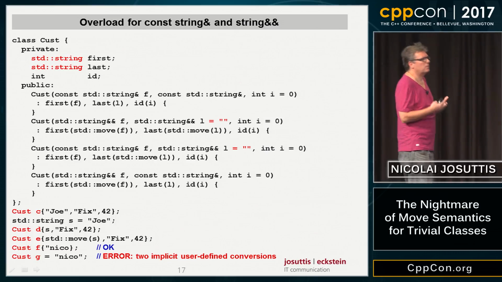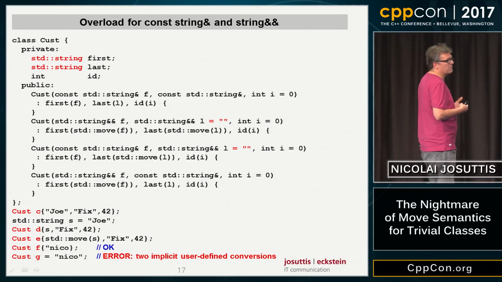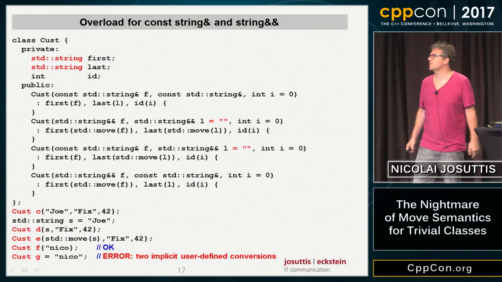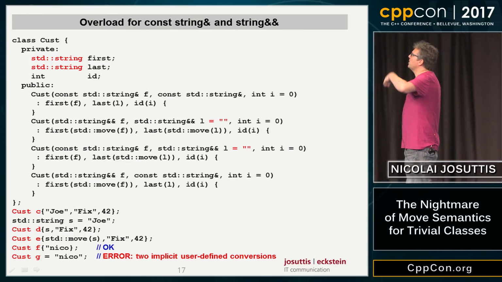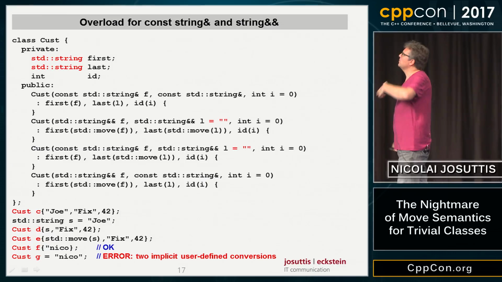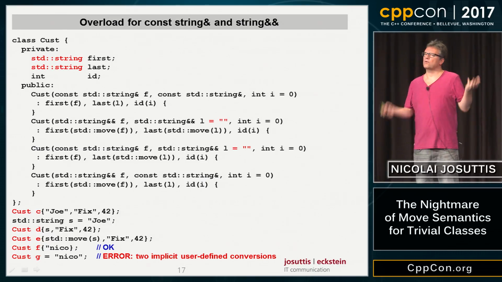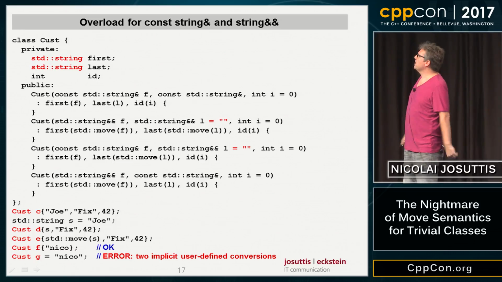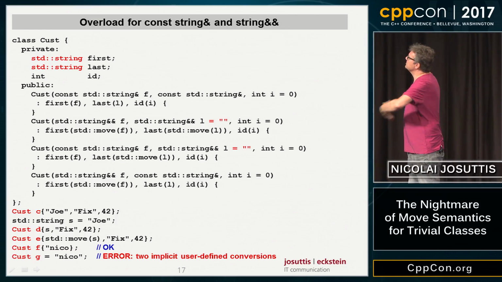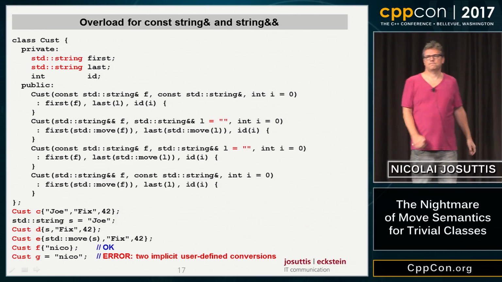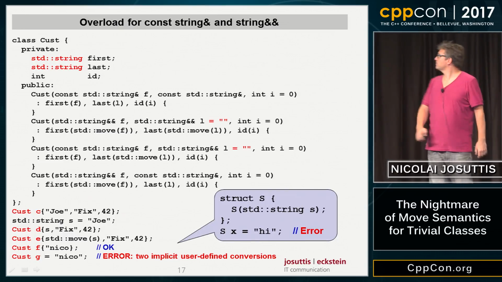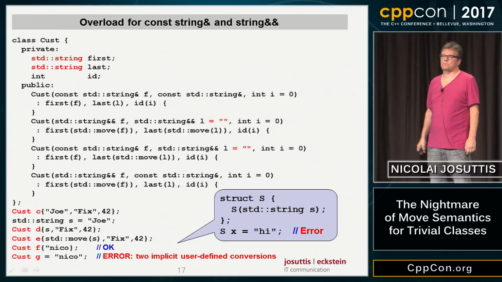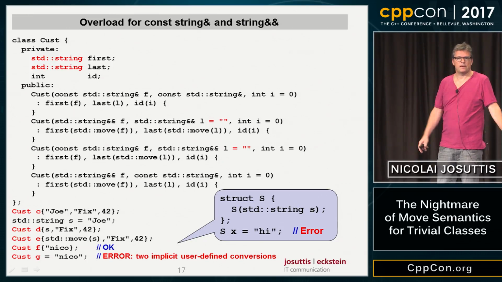This is a problem we have inherently in the language, because here we have two user-defined conversions. We first convert the string literal to a string using a user-defined constructor. The library counts as user-defined here. And then we convert the resulting temporary string to a customer. So this does not compile. And that has always been the case in C++.